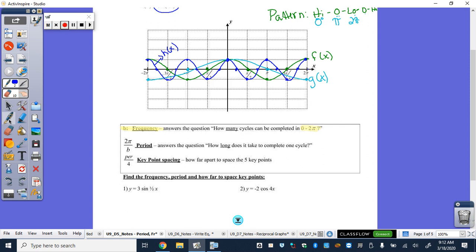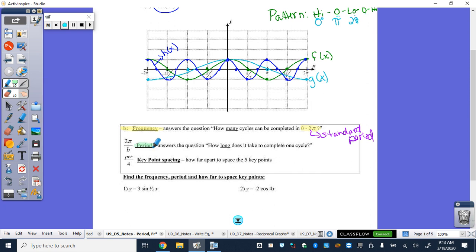That is kind of what we call our standard period. That's the period that we have for our parent functions, cosine, sine, tangent. Standard period is 0 to 2 pi. So frequency, that b value, which is in front of your x, tells you how many cycles happen from 0 to 2 pi.